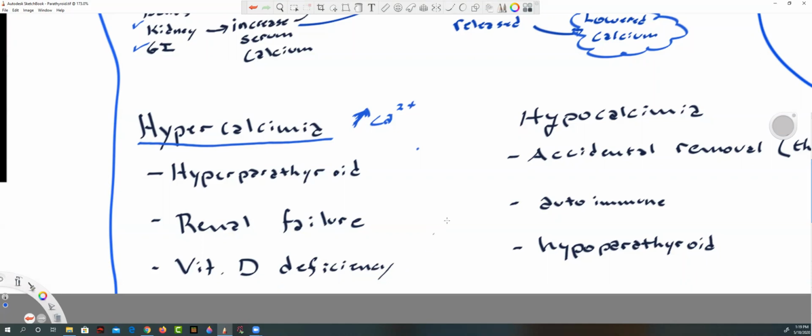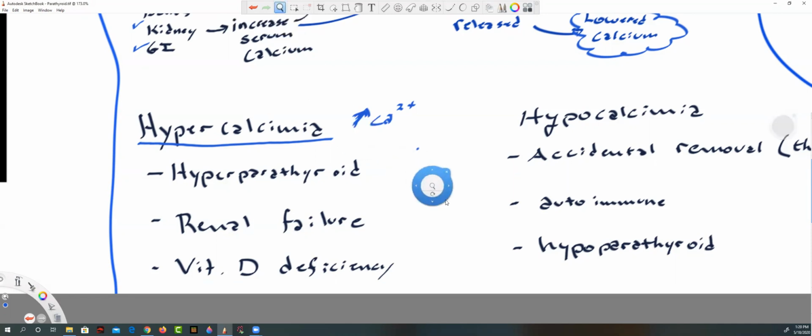The amount of feedback loops, and A affects B, affects C, affects D, and blah blah blah all the way through Z. It was really very complicated. But in any case, vitamin D and calcium work together.